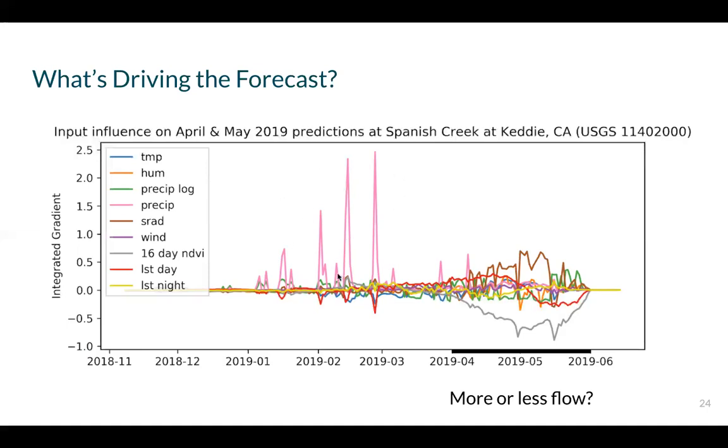These spikes are positive, they're above the zero line. That means the precipitation inputs on these days back in January, February, and March had a large positive impact on increasing the amount of streamflow in April and May. So what does that mean? That is snow happening in the winter.